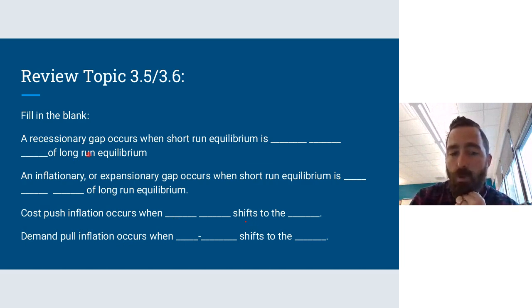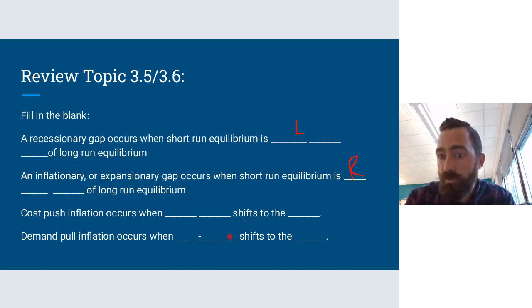Okay, so let's look at this one. Recessionary gap occurs when short-run equilibrium is, we're going to say, behind or to the left of long-run equilibrium. An inflationary, expansionary gap occurs when short-run equilibrium is ahead or to the right of long-run equilibrium. Just abbreviated there, left and right. Behind, ahead.